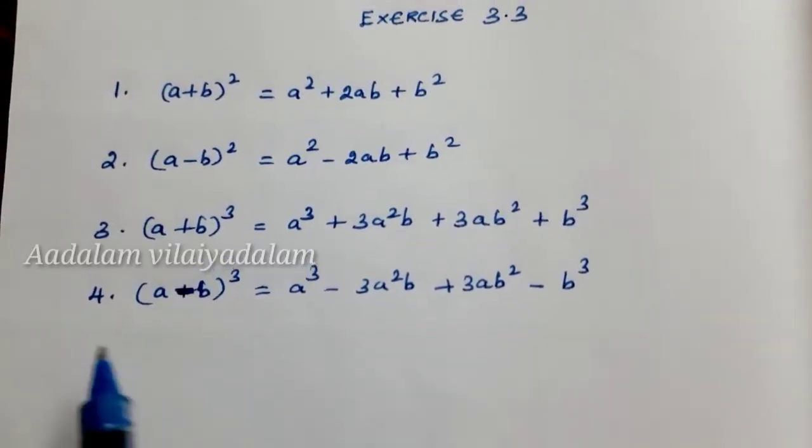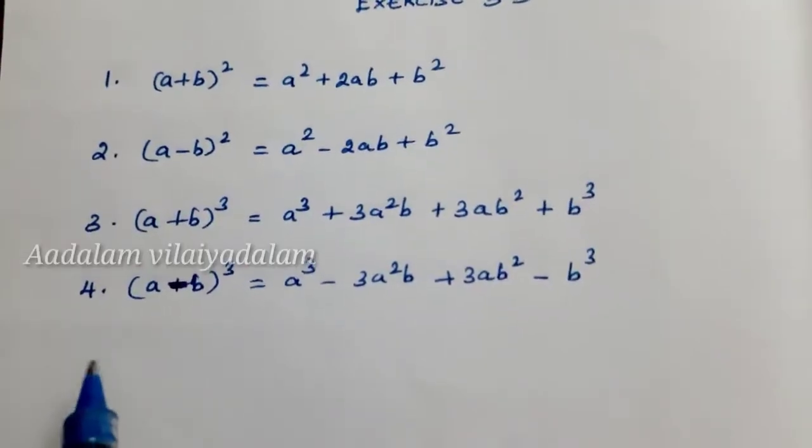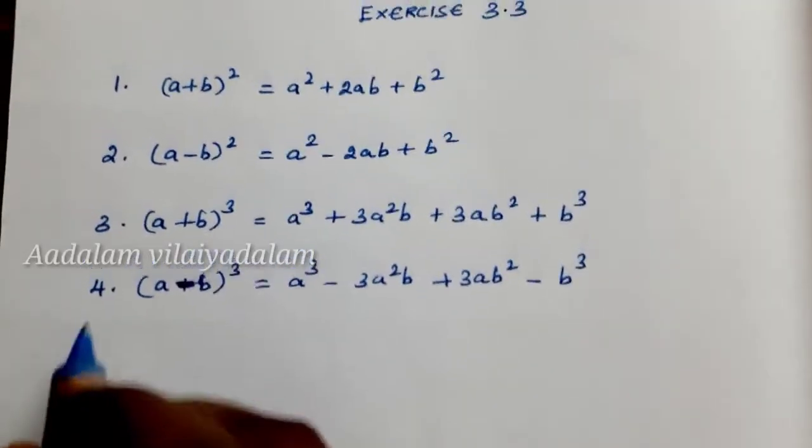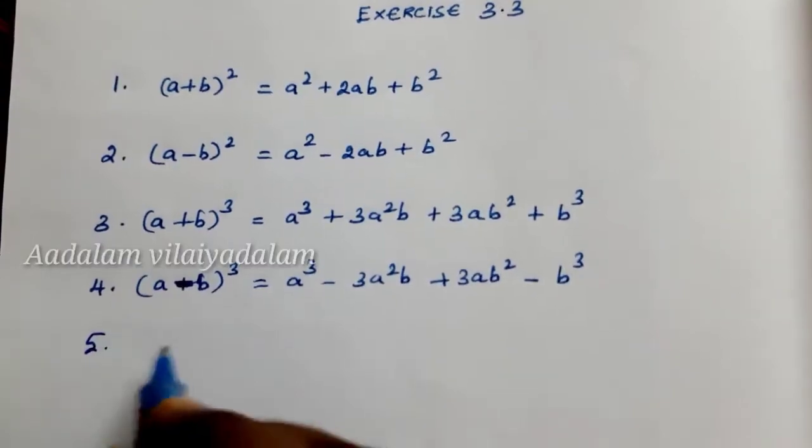So far we have learned four formulas, that is four identities. There is one more identity, the fifth one.